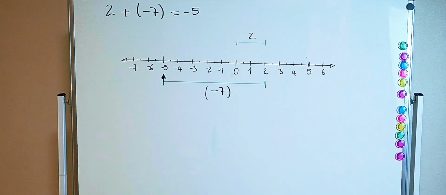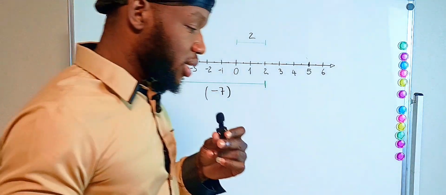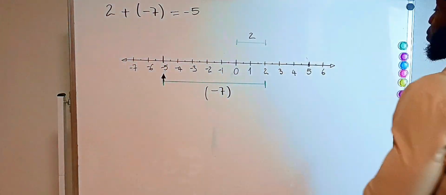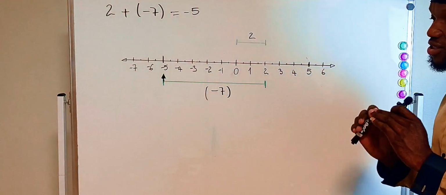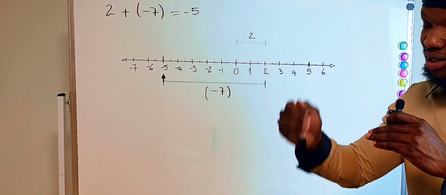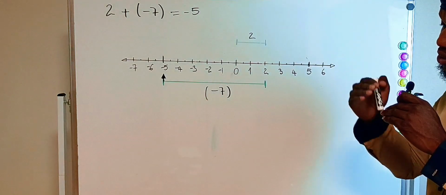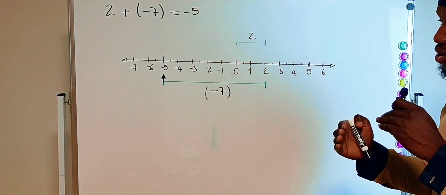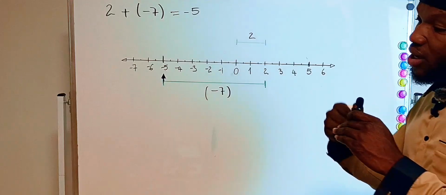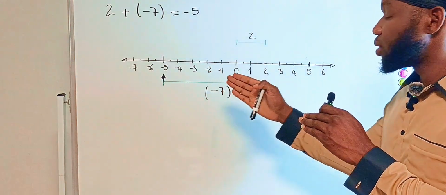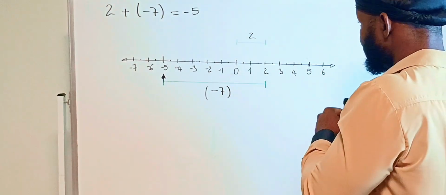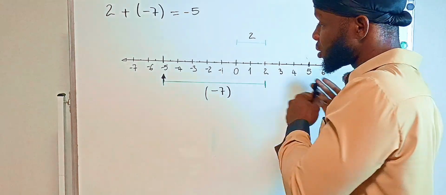You see, we use the number line to find the answer. It's addition, right? If it's addition, we gotta keep adding, but the sign will tell us if we're gonna go from left to right, or from right to left.